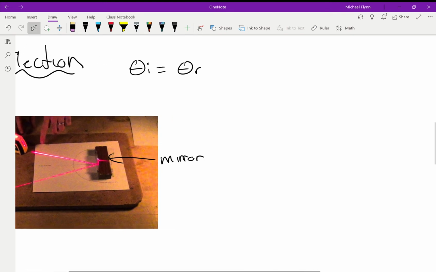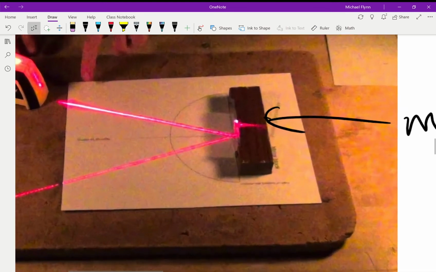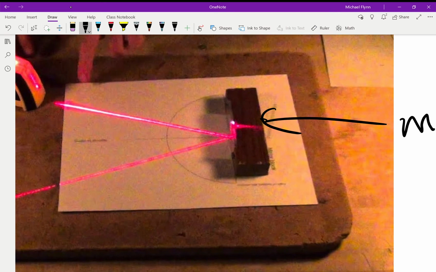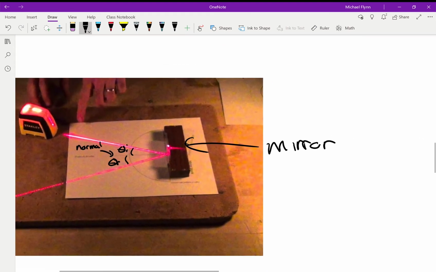If I zoom in on this picture, this is the angle of incidence with the laser coming in, and this is the angle of reflection, measured from there. And this line here is called the normal line, and we talked about that in grade 10 optics.